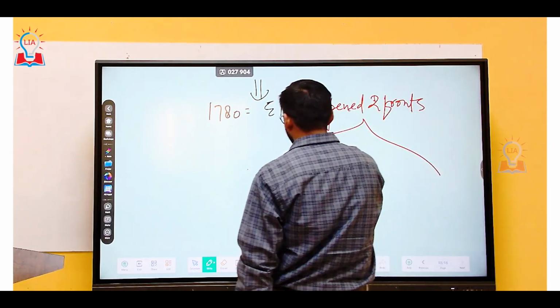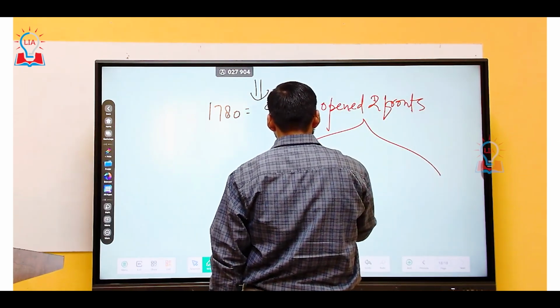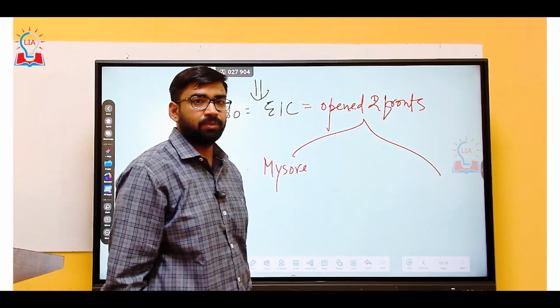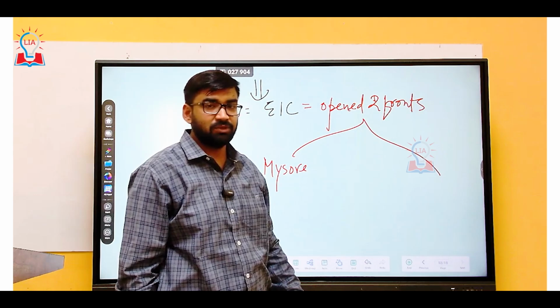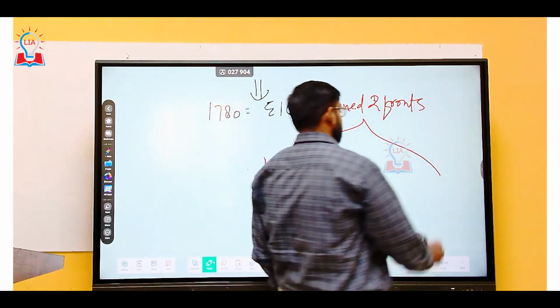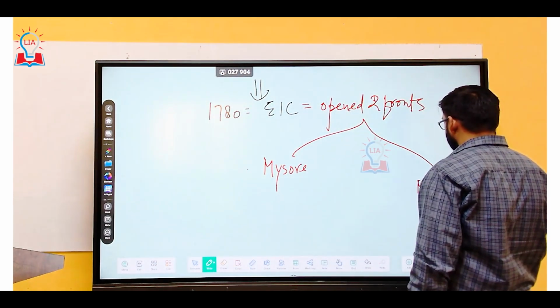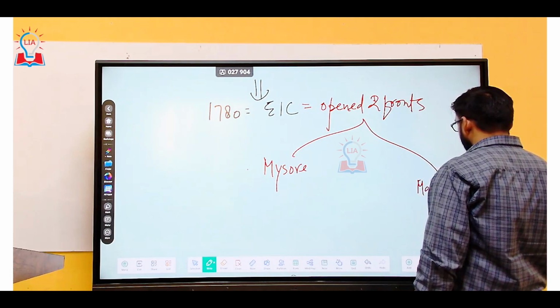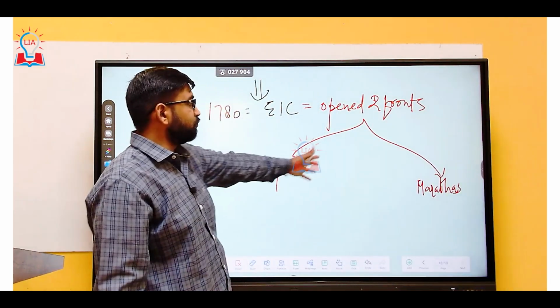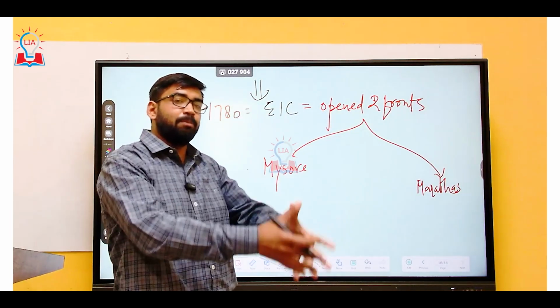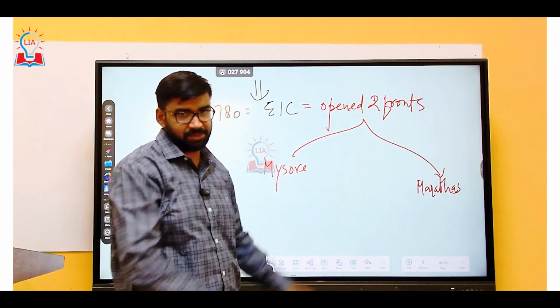One with Mysore. In 1780, the Second Anglo-Mysore War started, and another front with whom? Marathas. Because of these 2 fronts, again East India Company was in crisis.